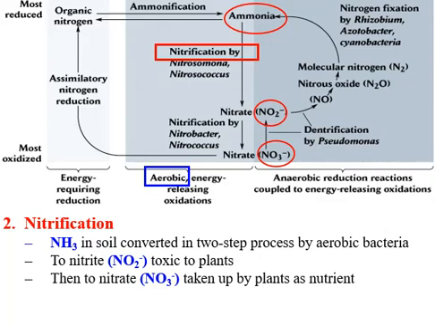Ammonia, no. Gaseous nitrogen N2, no. NO3, yes. Nitrite, NO2, no. So there are these conversions that take place in terms of nitrification, which is basically making nitrogen available for plants, converting nitrogen from one form, ammonia, to another form, nitrite, to another form, nitrate, which is available for plants.